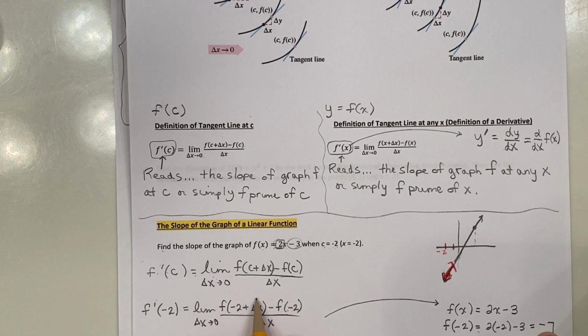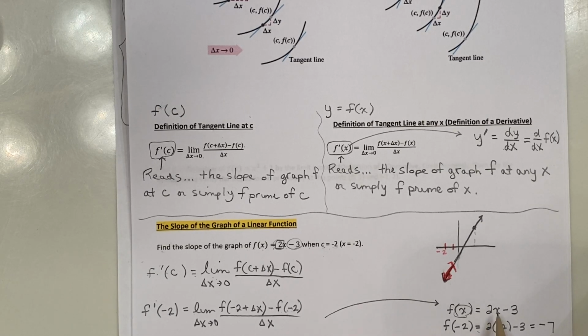So now I need something to replace in for what's in front of the subtraction sign in the numerator. I need to know what to plug in right here. So I'm going to come back over here and use my function again. And where x is, I'm going to replace it with -2 plus delta x. So in my original equation, here's an x, here's an x.